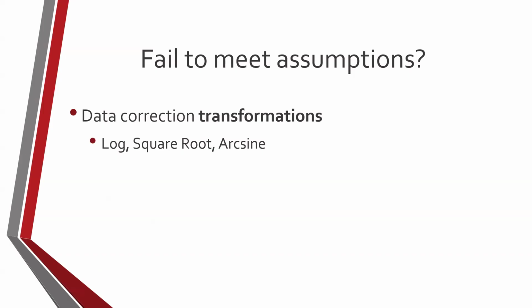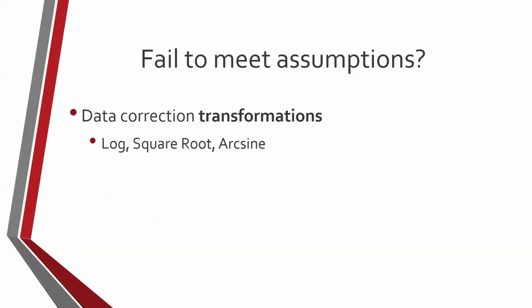So the three main ones that are used: the logarithm, that's a great one if you have counts of things that occur in clusters, which ends up being a log normal distribution. The square root: if you're counting things that occur randomly or very rarely, you end up with a Poisson distribution, and by doing the square root, you end up back at more of a bell-shaped curve.